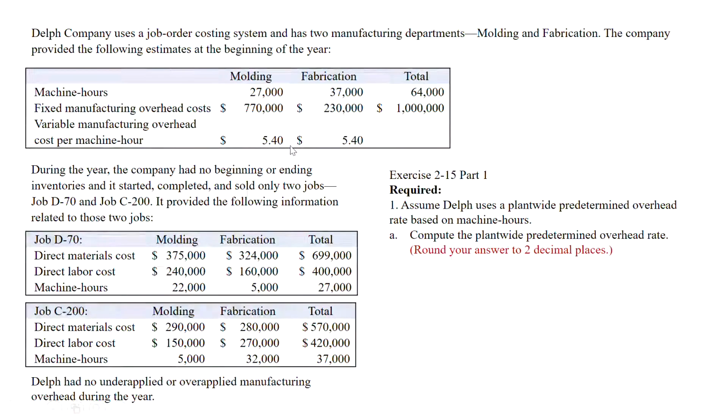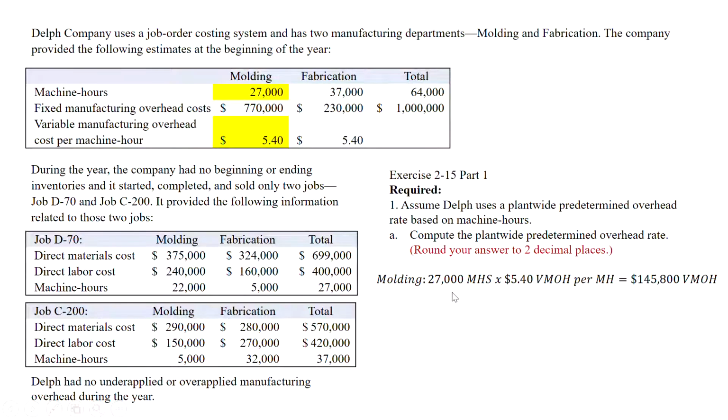One wrinkle here is they don't give us total variable costs, they give us rates. So we're going to have to do a little calculating, a little bit extra work to get there. So for a molding department, we're going to take that variable rate per machine hour and just multiply it times the estimated hours that we use to calculate that.